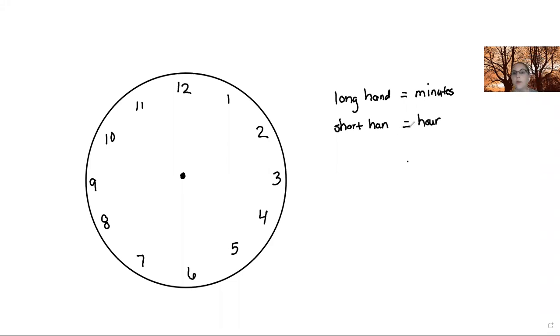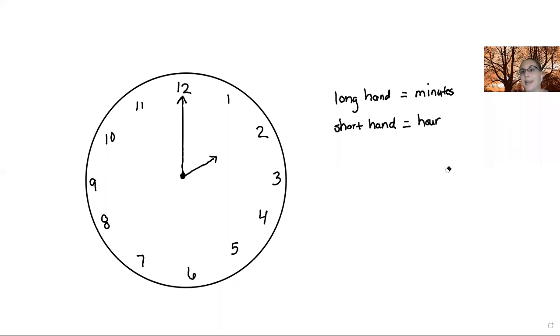So if the long hand is pointing to the 12, and the short hand is pointing to a number, you know it is that hour. So you will say it is 2 o'clock.